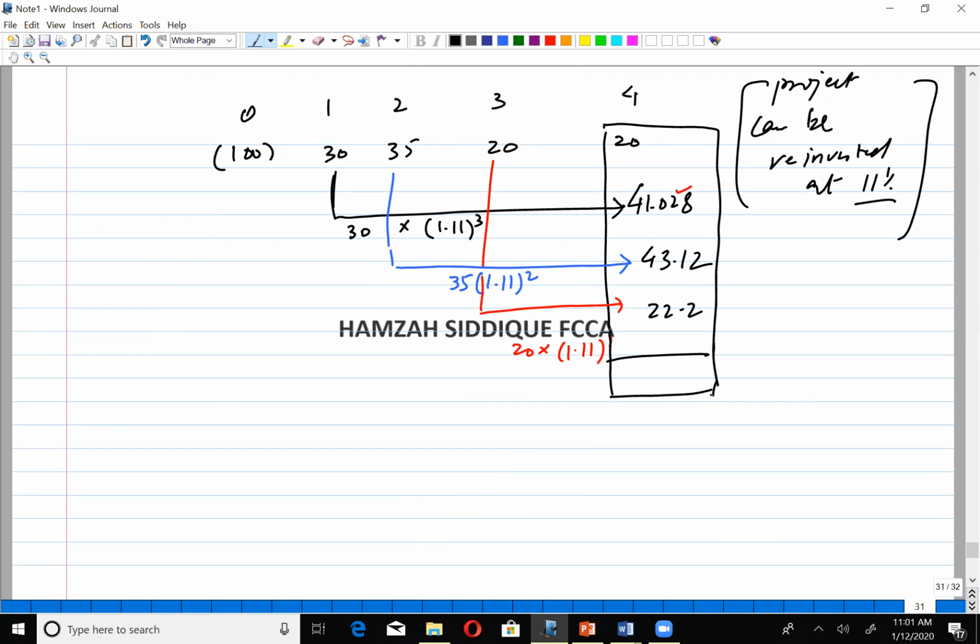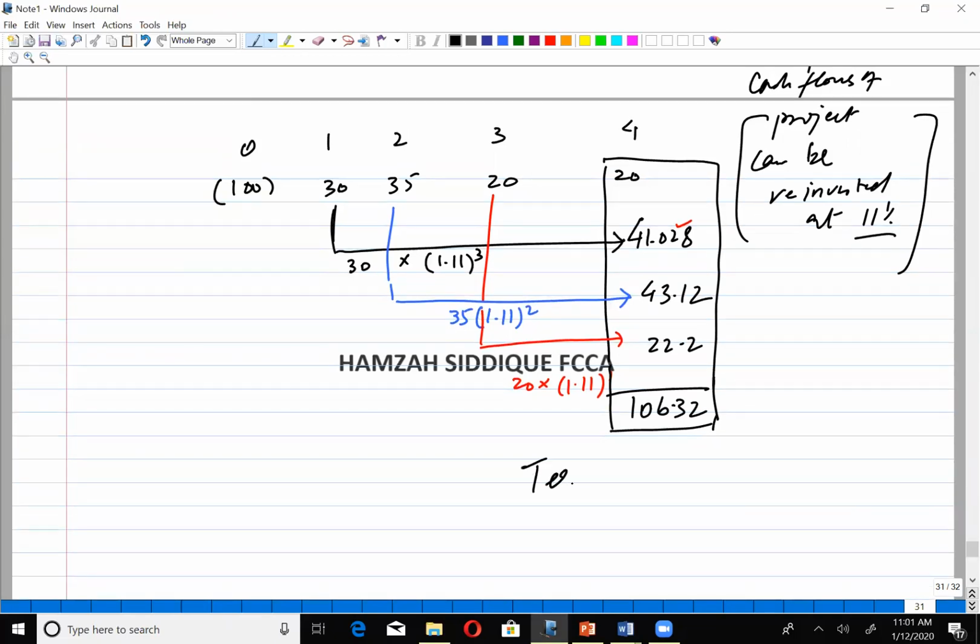Add all these 4 amounts. $106.32. This is called terminal value.